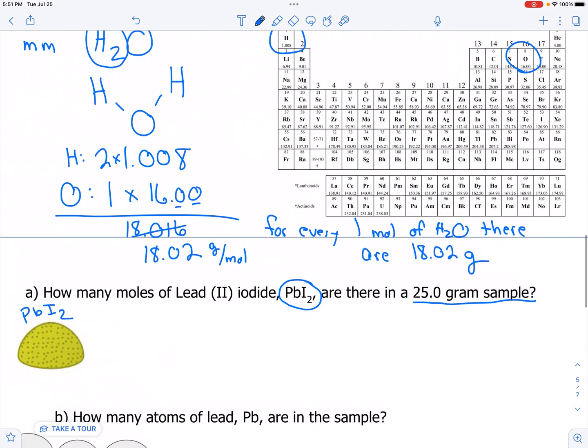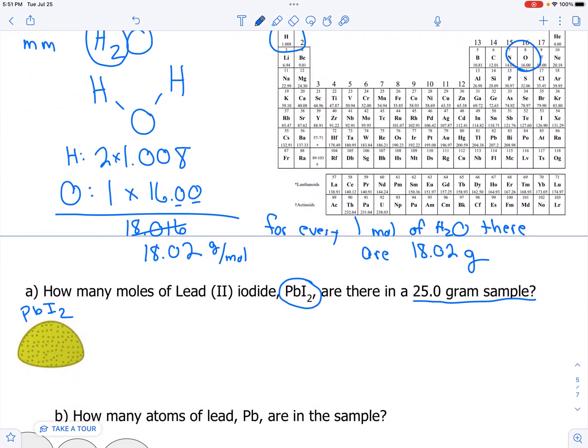So looking back at my table for the molar mass, I have lead, Pb, there it is, 207.2, and then I have 2 iodines. I guess I should say 2 iodides, because these are ions.